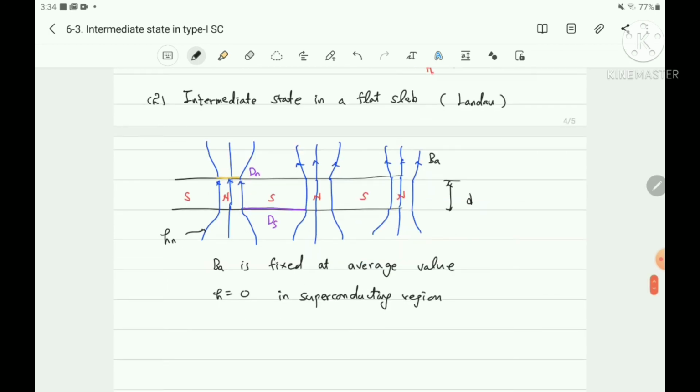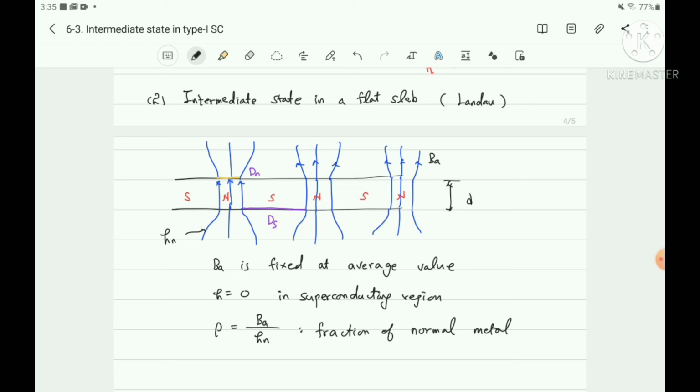And there is a fraction of the normal metal, Ba over Hn. It is the fraction of normal metal. And here, let's find the scale and the shape of the superconducting and normal regions.